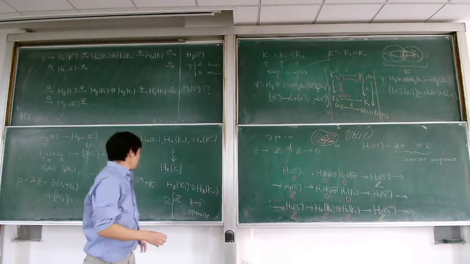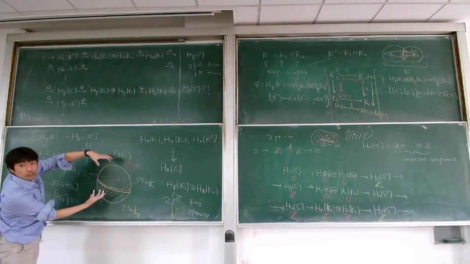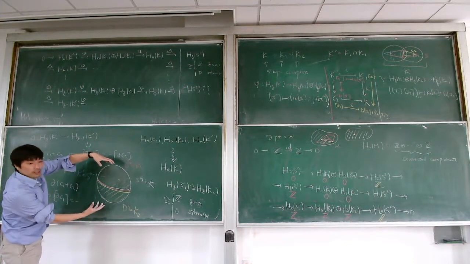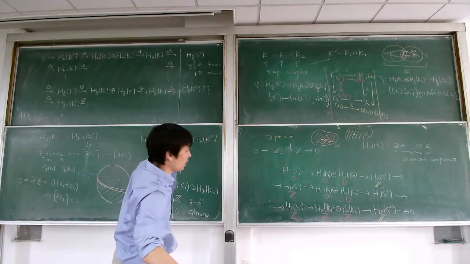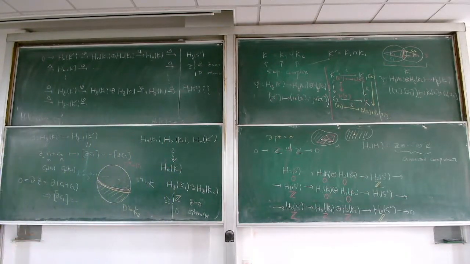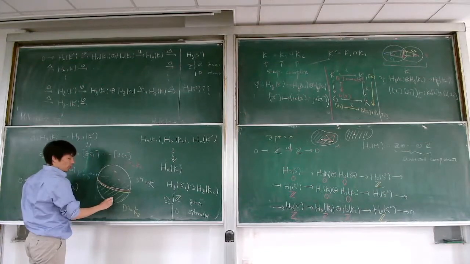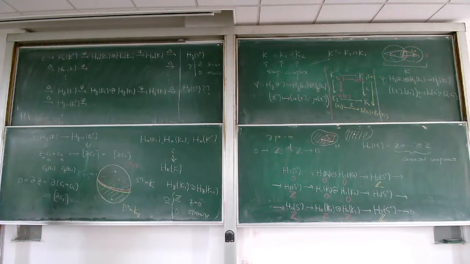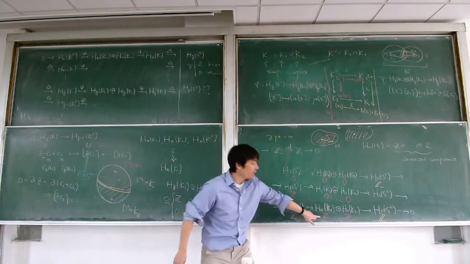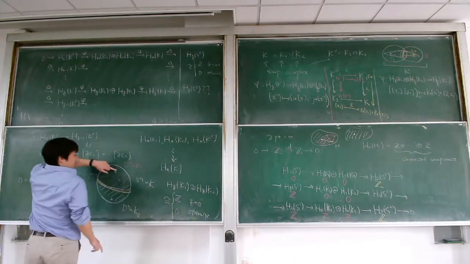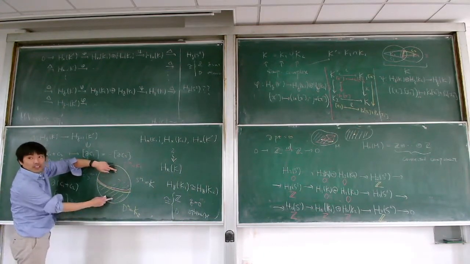As you can easily see, given a K1 and a K2, what I'm doing is this: given a point here and given a point here, this Z and this Z are generated by a point in the northern hemisphere and a point in the southern hemisphere.